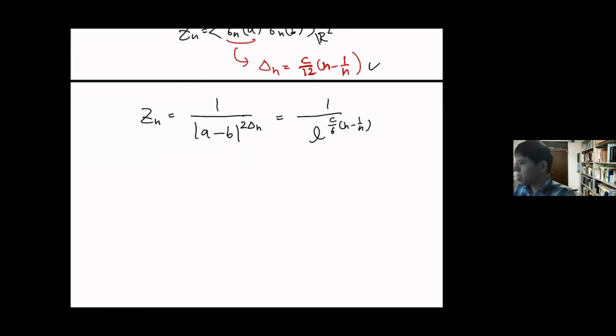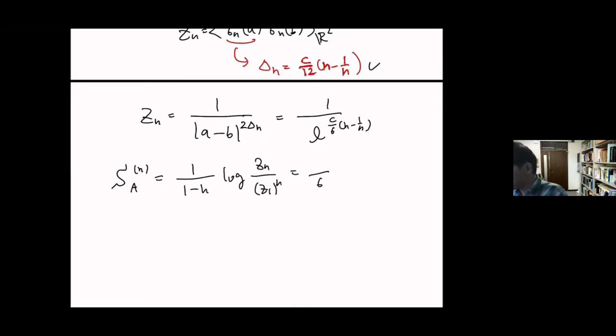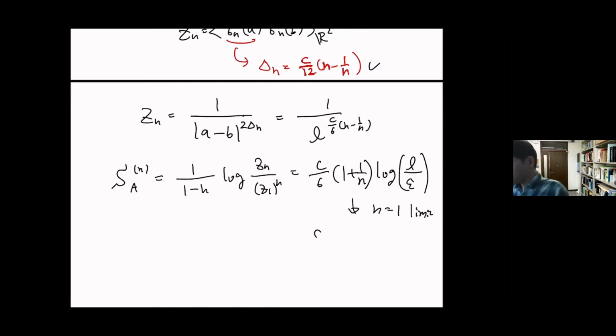And then for the entanglement entropy, it is good to write the full expression for the Renyi entropy, 1 over 1 minus n times log of Tr rho_A to the n. This is c over 6 times (1 plus 1 over n) times log of L over epsilon. Sorry, let me write it clearly. And of course, if we take the n equals 1 limit, we reproduce the c over 3 formula.